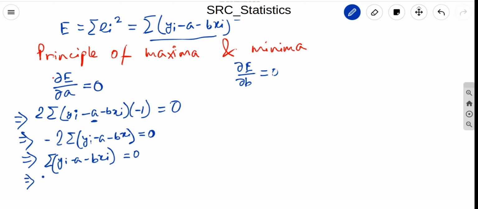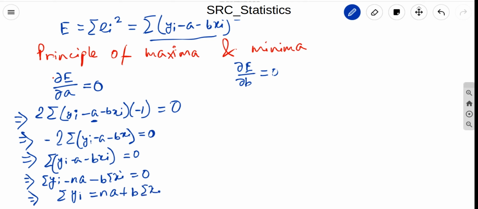Removing the bracket, we get summation yi minus na minus b summation xi equal to 0. Finally, we get summation yi equal to na plus b summation xi. This is equation number 1.